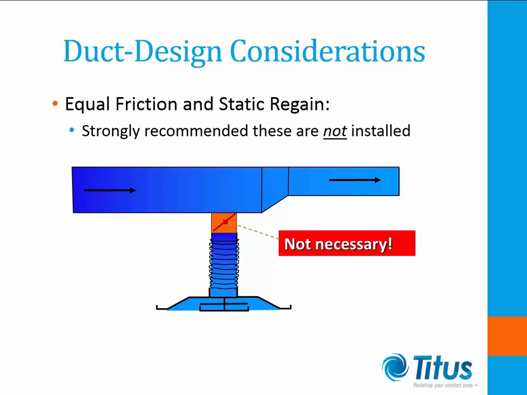However, the equal friction method can provide equally efficient designs when experienced engineers use careful initial design assumptions. When a variable air volume or VAV diffuser is used on a single duct branch, a VAV box is not needed.